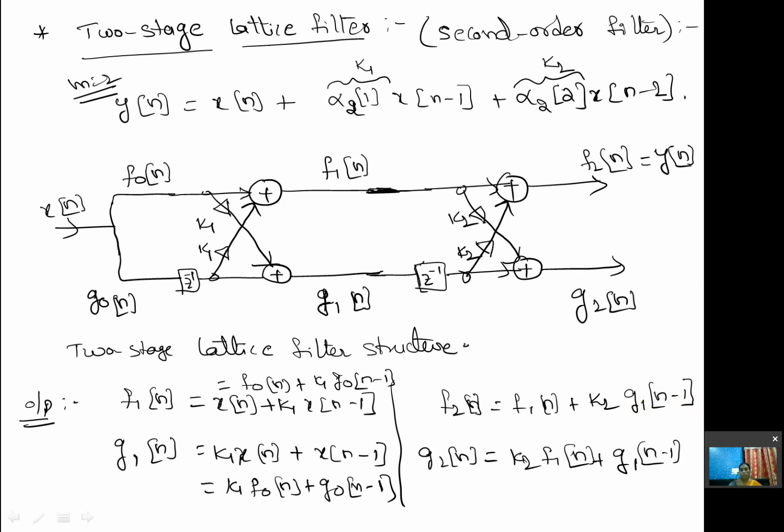Okay, right. Then here from this, just substitute F1 of n, this one, then G1 of n minus 1. So you know the G1 of n, and then write here G1 of n minus 1.